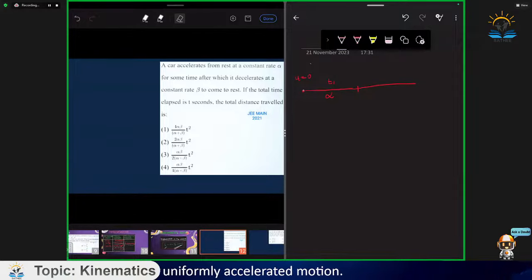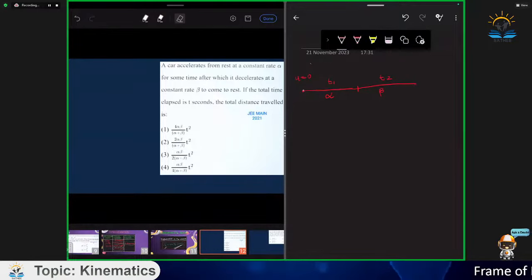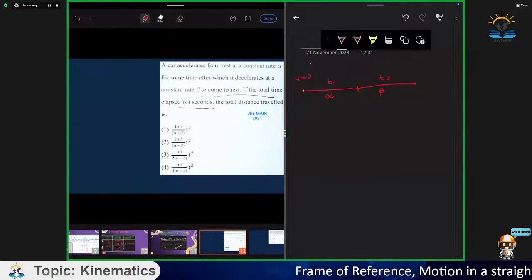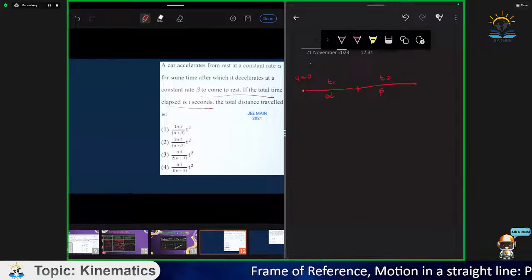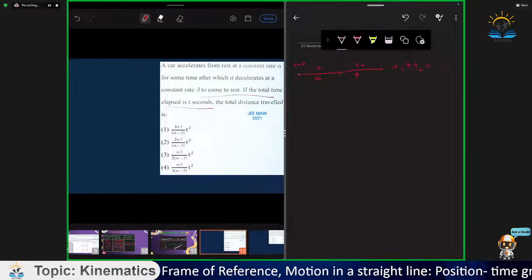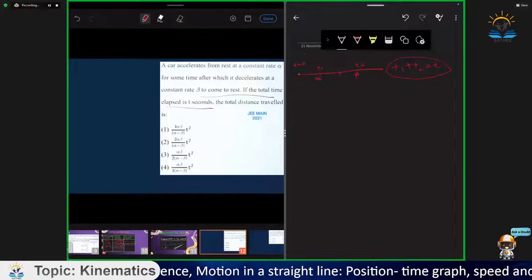So for t2 time, its deceleration is beta. Then it comes to rest again. And it's given that the total time elapsed is t seconds. So t1 plus t2 is t. You have to find out the total distance traveled.